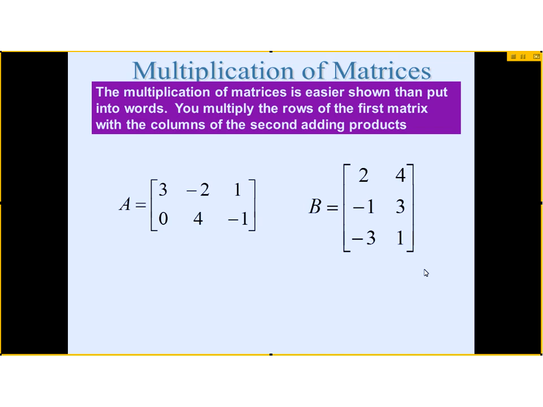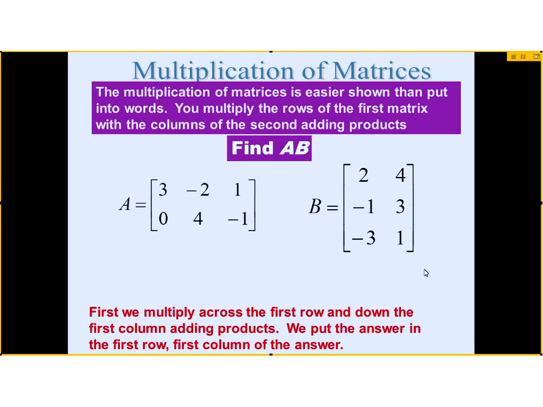If A is a 3 by 2 matrix and B is a 2 by 3 matrix, then only can we multiply. If this condition is not met, then we cannot multiply the matrices.